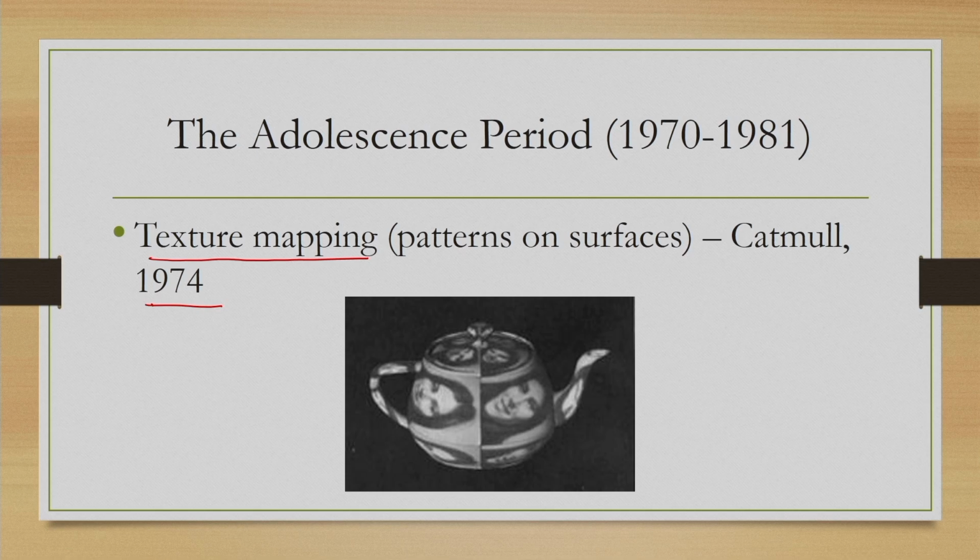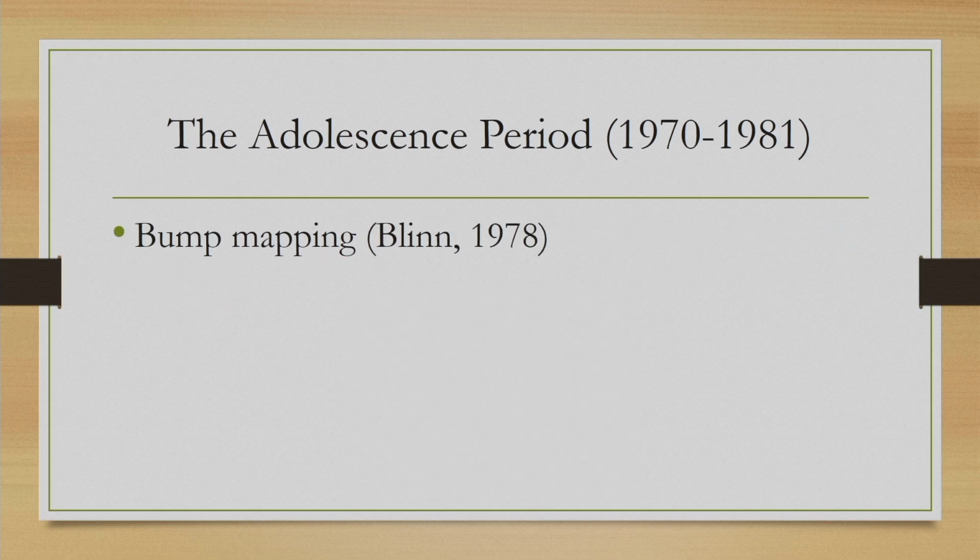As you can see, on this object some textures are shown. Because of that, we are able to make out that it is a 3D object and it is having certain characteristics. So, without texture it will look dull and non-realistic. An advanced form of texture mapping was done through bump mapping by Blinn in 1978.